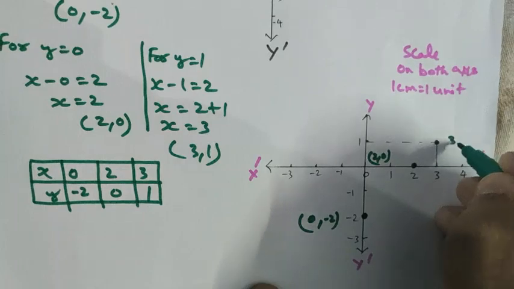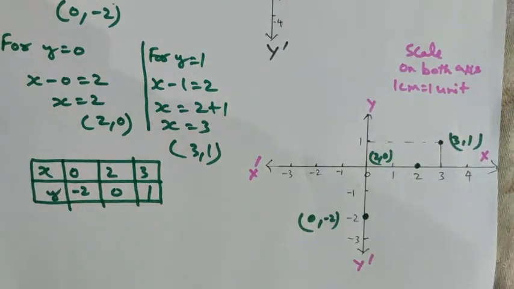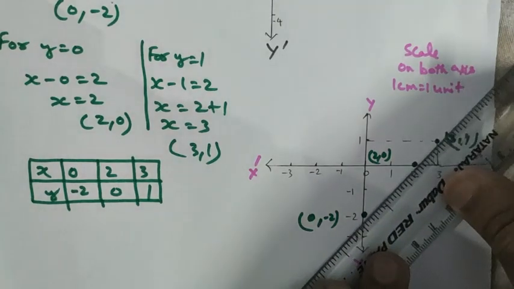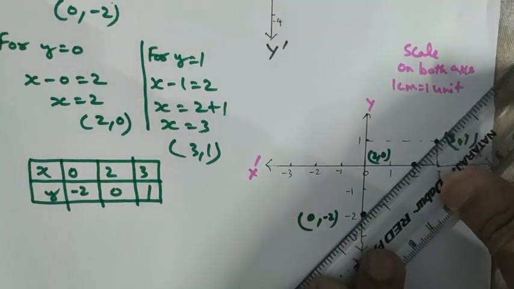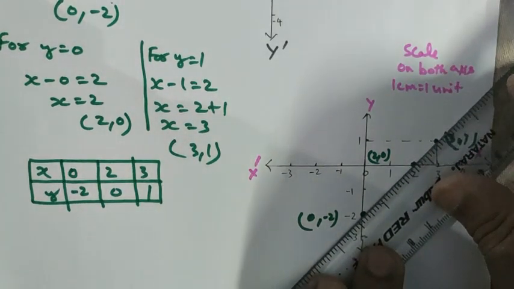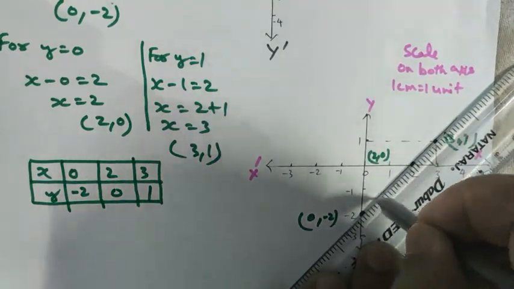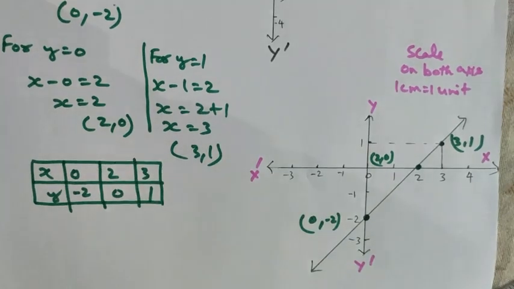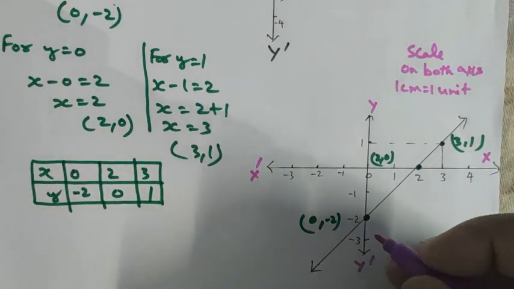Now we can see clearly that all the 3 points are lying on the same straight line. We can join all 3 points together like this. We will join the line with a double-sided arrow, and then we will write the equation on top of this line.